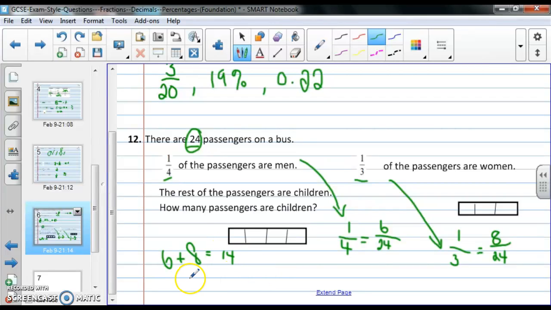Then what we need to do is the total number on the bus, 24, minus the 14 we know are men and women, because we know that the rest are children. That's going to give us 10. Alright, and if I add those up, we've got 10 plus 6 plus 8, that gives me 24. So my correct answer is going to be 10 are children.